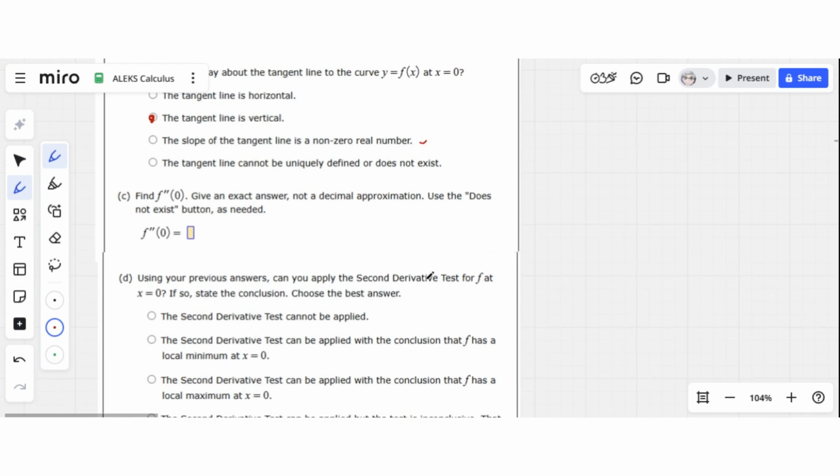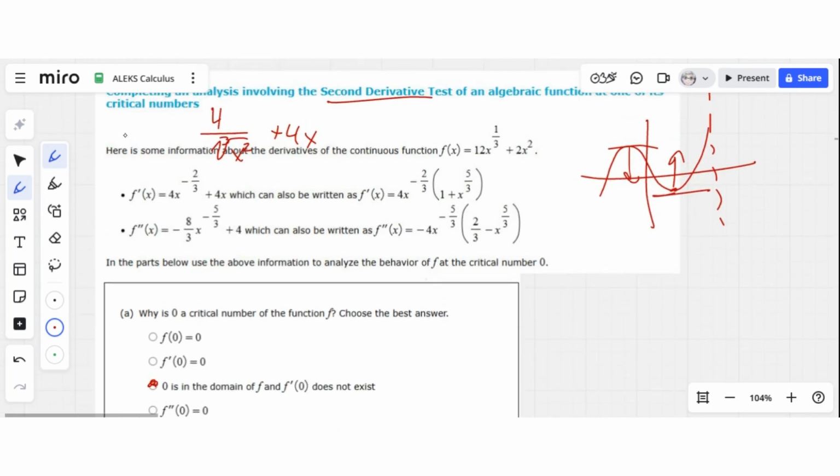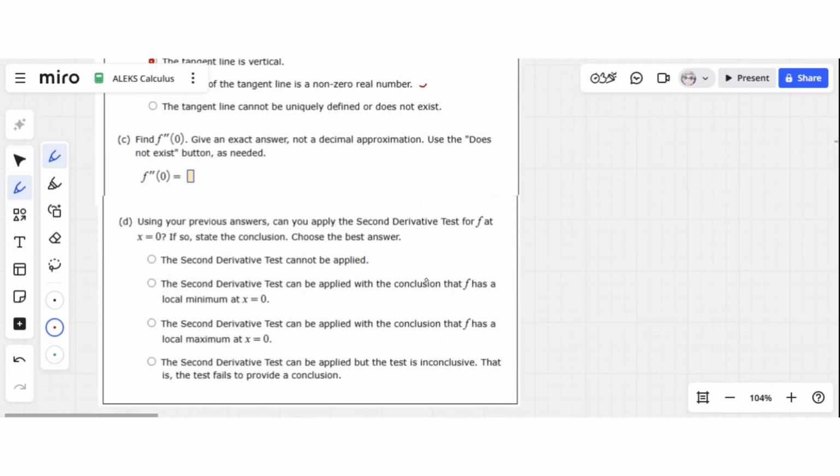All right, C says find f double prime of 0, give an exact answer, and use the does not exist button as needed. So you can see here we also have x on the bottom of a fraction. So this is also going to be not defined. So the second derivative also does not exist at that point. So we will just use that does not exist button.